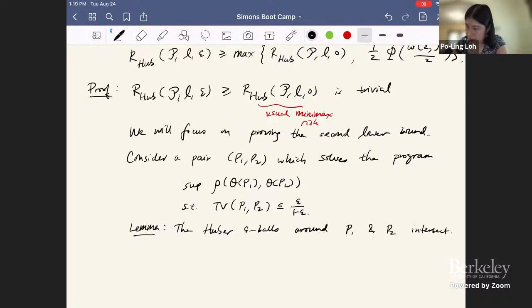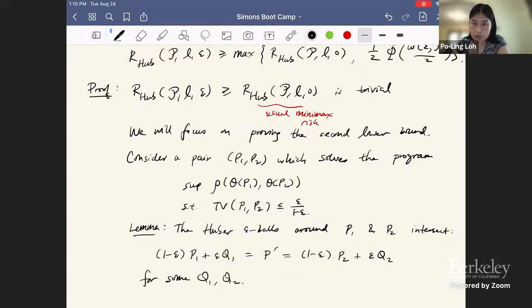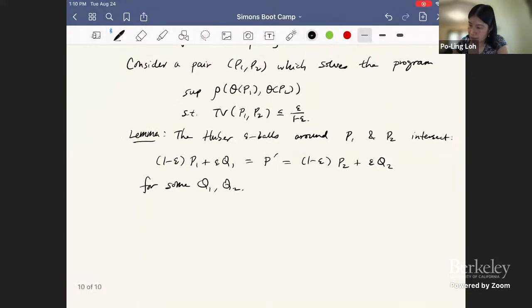So there exists, maybe I'll say that, 1 minus epsilon times P1 plus epsilon times Q1 equals P prime equals 1 minus epsilon times P2 plus epsilon times Q2, for some Q1 and Q2. Okay. And let me quickly jot down what this proof is. You can check for yourself that this construction works.